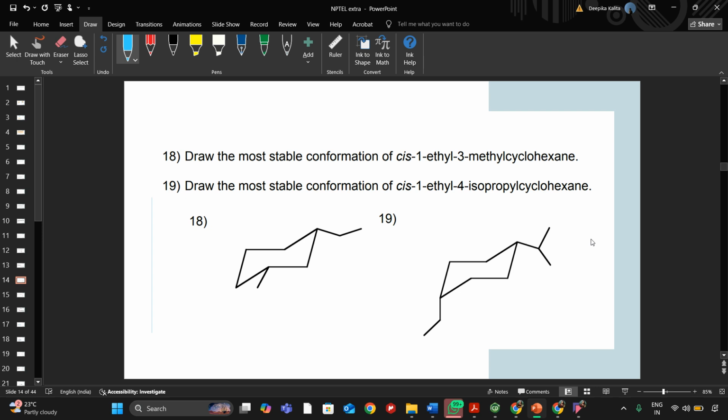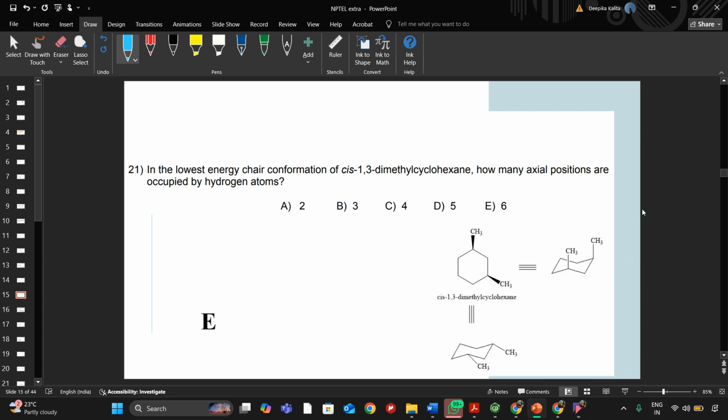Okay, so let us move now to the next question. In the lowest energy chair conformation of cis 1,3-dimethylcyclohexane, how many axial positions are occupied by hydrogen atoms?